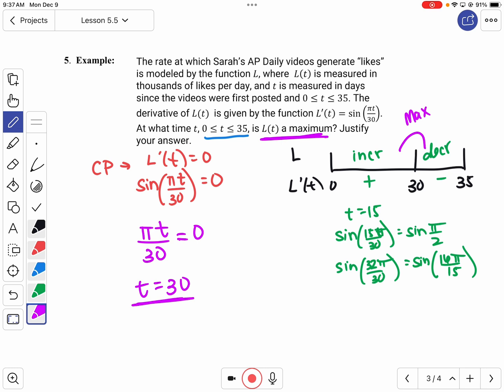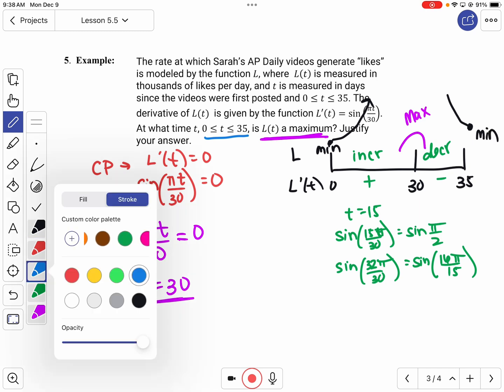So if we look at the first one, I have an endpoint and then I increase. Would that be a max or a min at that endpoint? Min. Then I've increased, then I've decreased, and then I decrease down to this endpoint. Do I have a max or a min? I have a min.